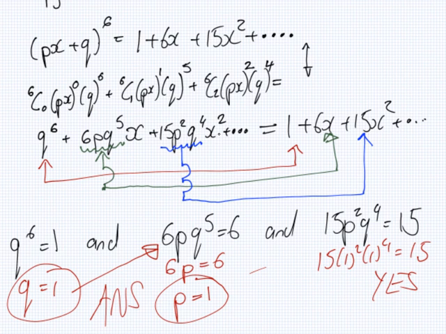How could I change this so that you need to know 3? If you didn't know the power, then you would need 3, because you would have 3 unknowns: P, Q, and N, the power.